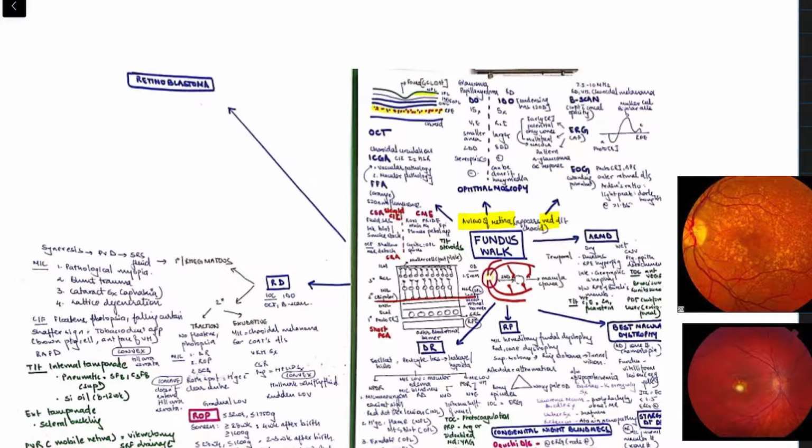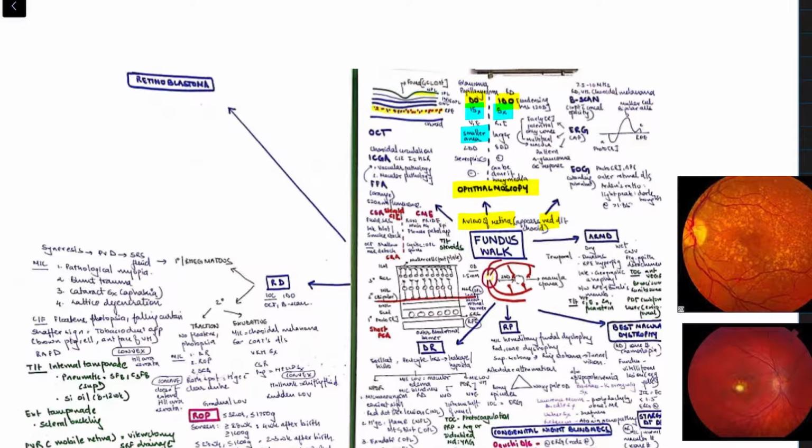Then the examination of the retina is done by ophthalmoscopy, right? Direct ophthalmoscopy is done using a retinoscope-like instrument, while indirect ophthalmoscopy is done basically for retinal diseases, right? Remember that the magnification is more in direct, it is 15 times, and the magnification is 5 times in IDO.